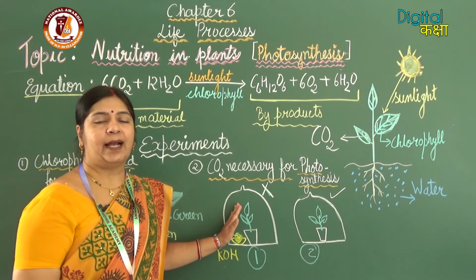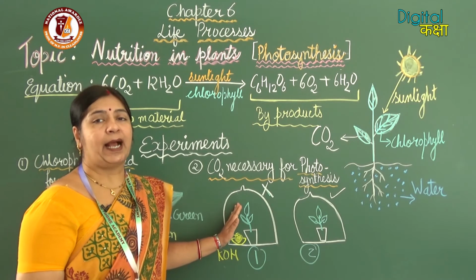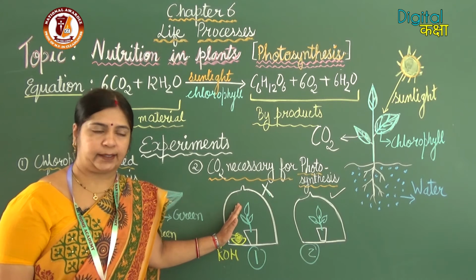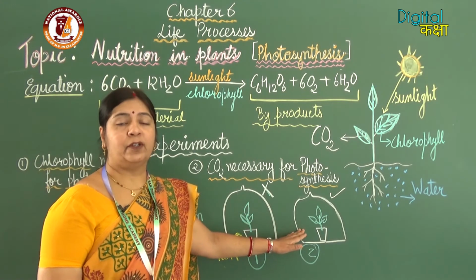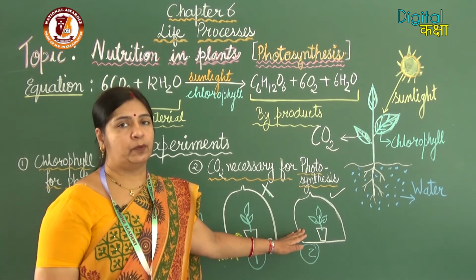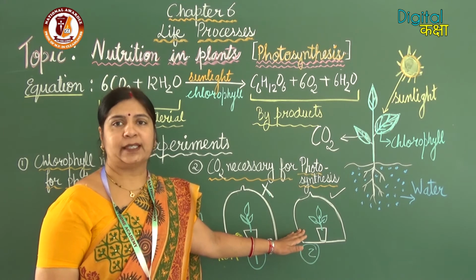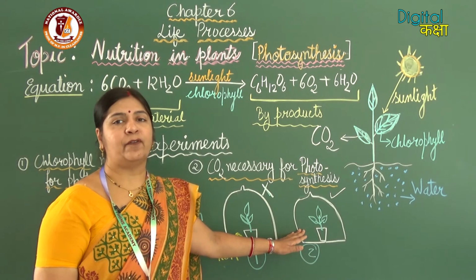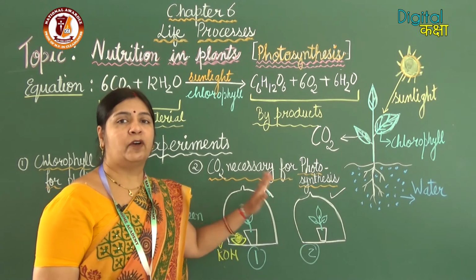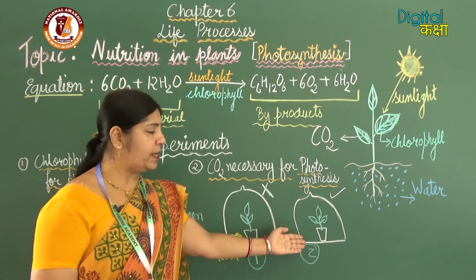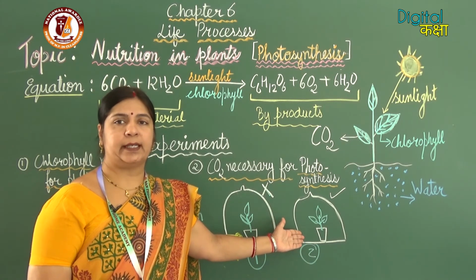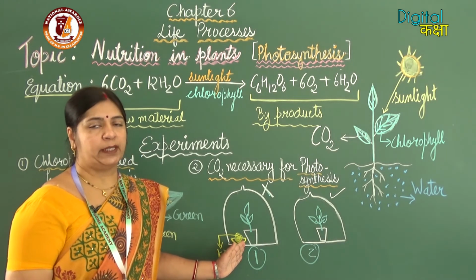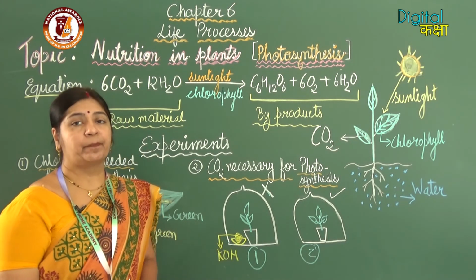It shows that CO2 is absent and CO2 is necessary for photosynthesis. And the plant 2 leaf, where KOH is absent, will show color change, and this shows that CO2 is necessary for photosynthesis. So where CO2 is available, that is plant 2, photosynthesis takes place, and where CO2 is not available, photosynthesis does not take place.